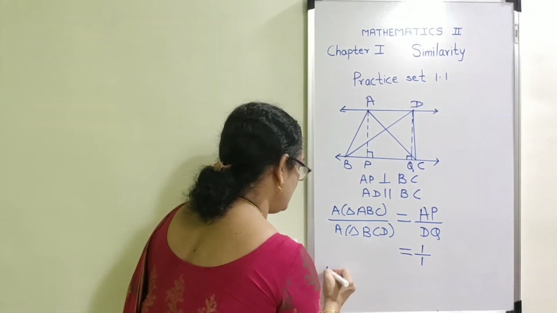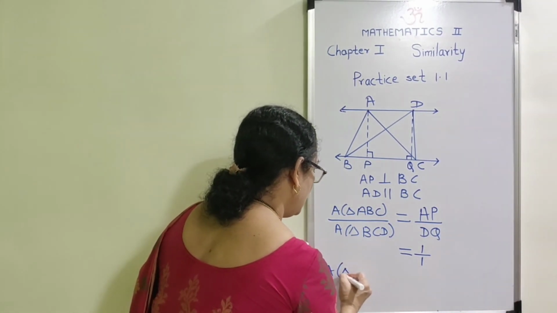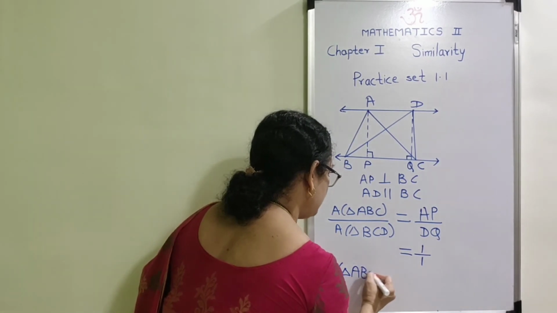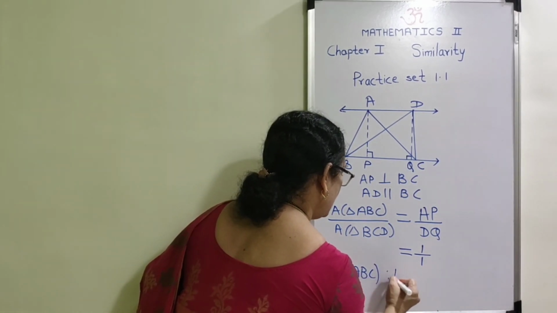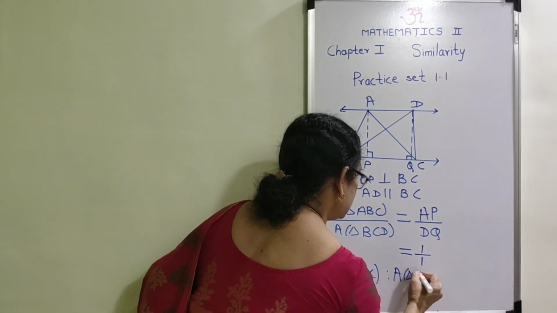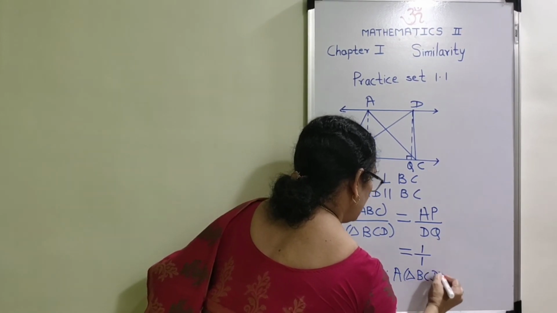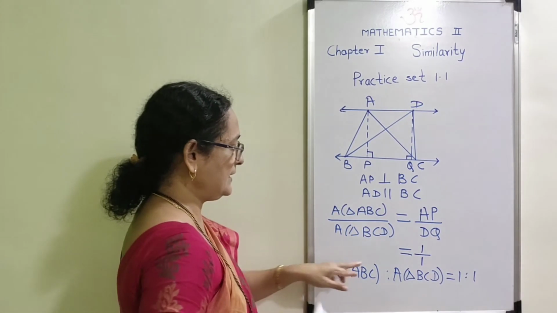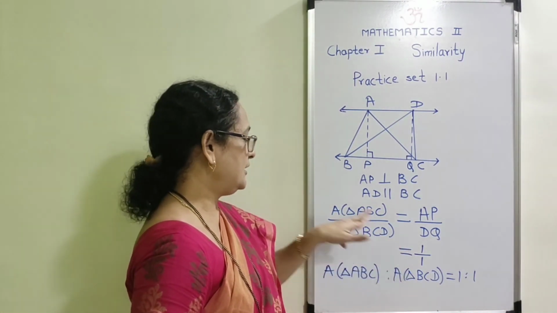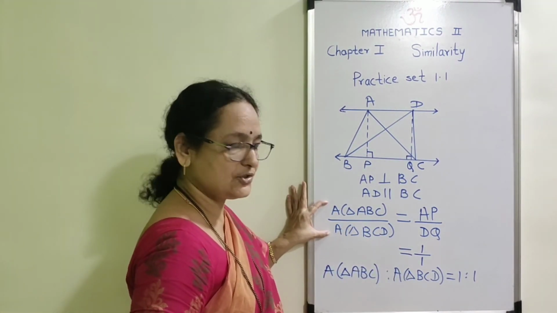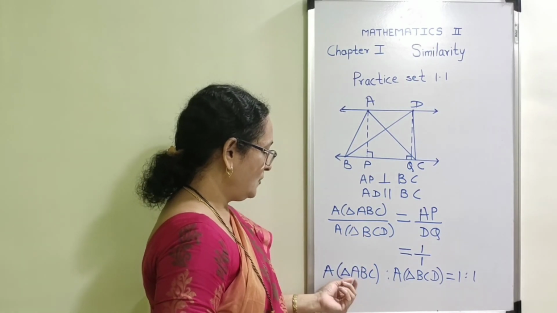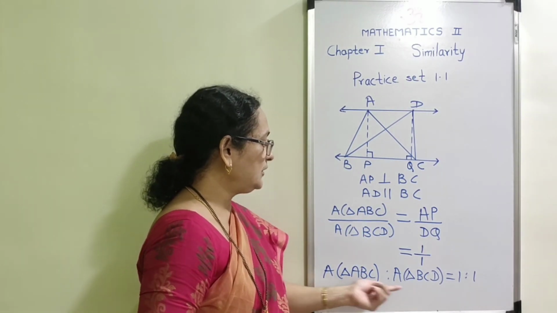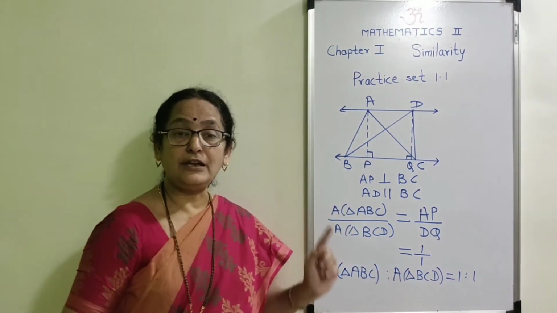So the answer, you are going to write it like this: area of triangle ABC is to area of triangle BCD is equal to 1:1. When you write the ratio as 1, that means by cross multiplying, we will get that both the triangles are of equal area.